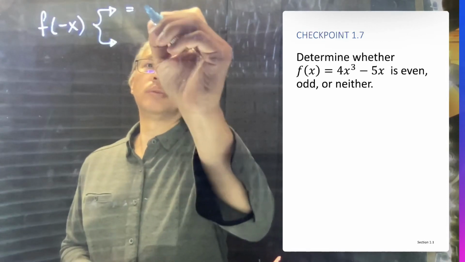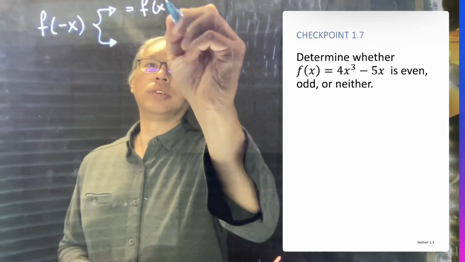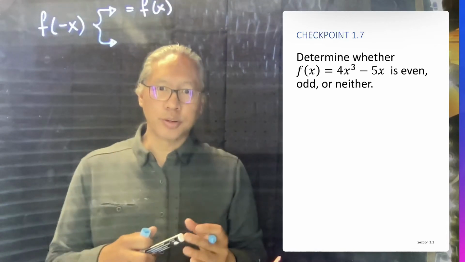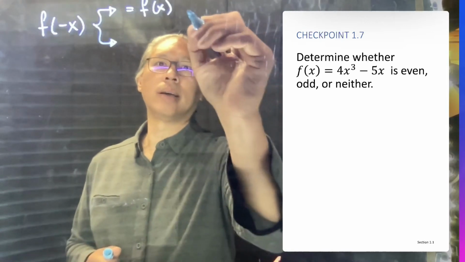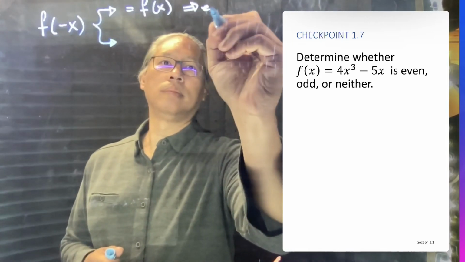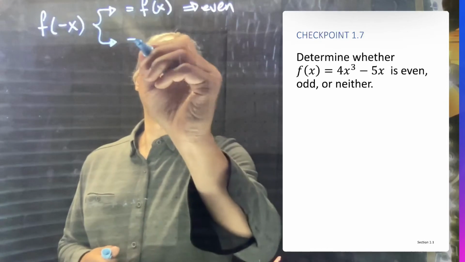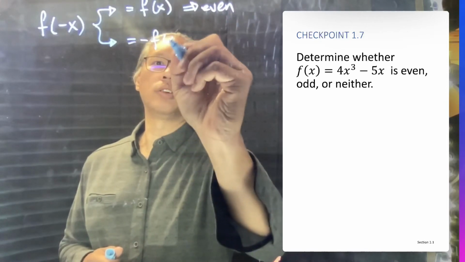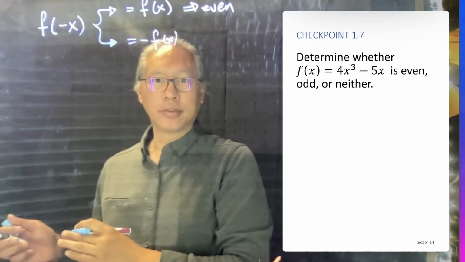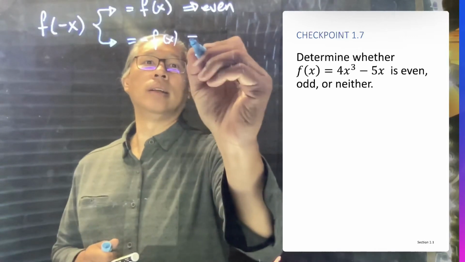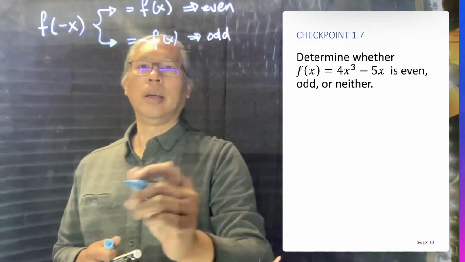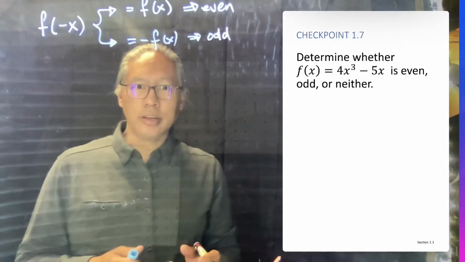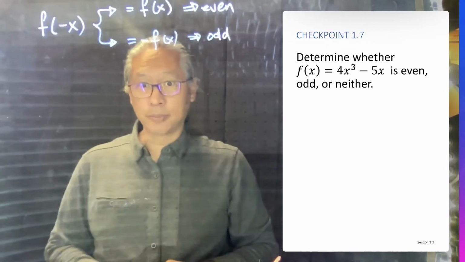If this is equal to the original function, where for some reason the negative signs disappear and we get the original function back, this is called even. And if this is equal to the original function exactly except for a negative sign, then it's odd. And if it's not equal to either of these, then it would be neither.